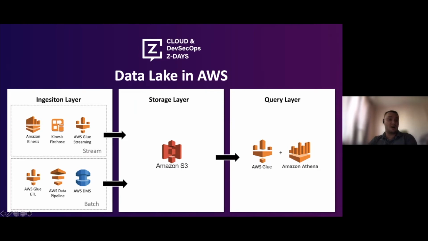And AWS DMS, which is the database migration service, is something that is often used to ingest data from your SQL databases, which might be RDS databases or something that you just host yourself and manage yourself. And it can also go here into Stream because it supports CDC, change data capture, but the cost of this service is pretty big.